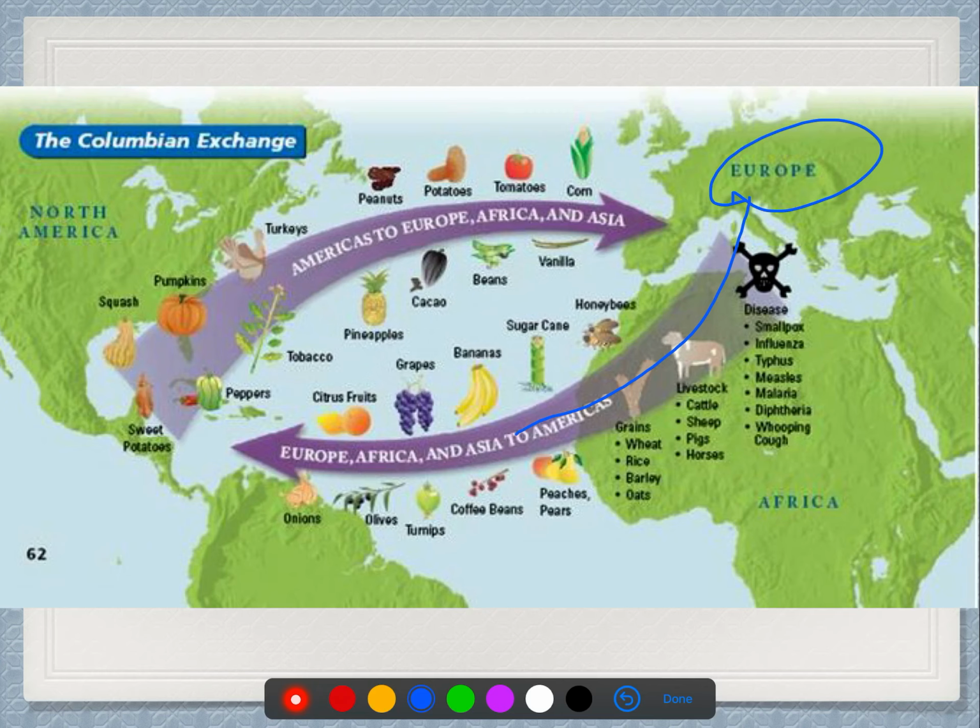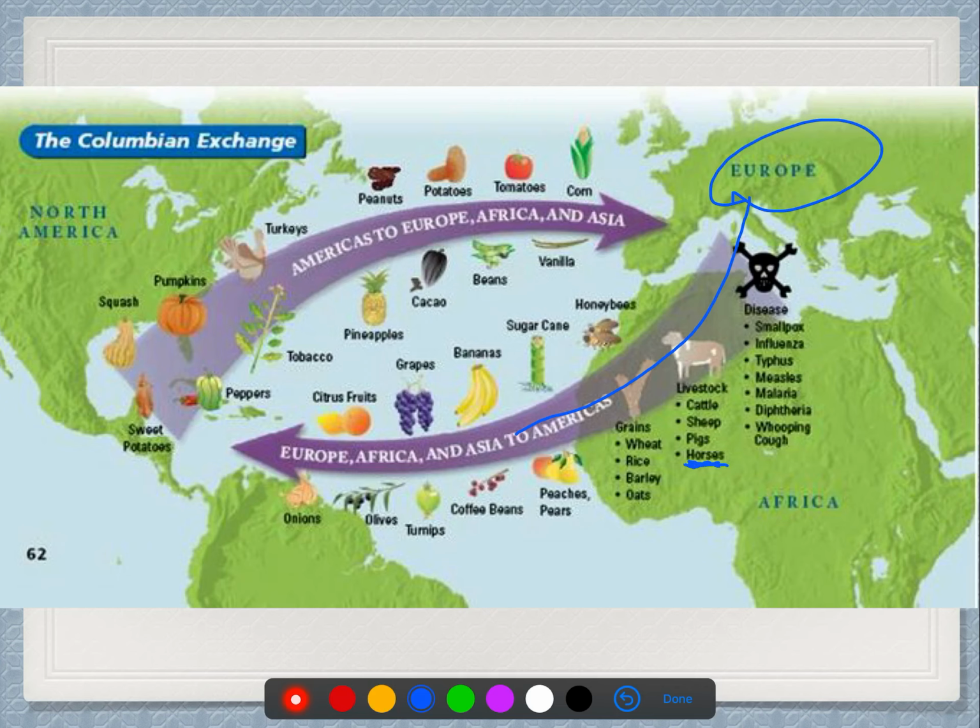Okay. So what are some things that the Europeans are bringing? Well, they're bringing diseases. They're bringing smallpox. They're bringing the flu. They're bringing measles. They're bringing whooping cough. They are also bringing things like horses. We talked a little bit about that with the Native Americans, that everyone sort of always assumes that the Native Americans had horses before the Europeans, and that's not the case.